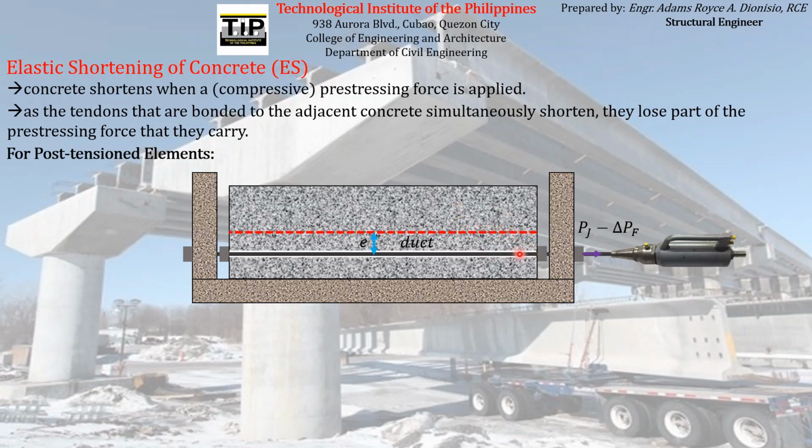And the magnitude of pre-stressing force actually transferred to the concrete element is not equal to the jacking force, but equal to the jacking force less the pre-stress loss due to friction between the pre-stressing reinforcement and the sheeting or the duct that covers it. Although the pre-stress loss due to friction will be discussed later on.